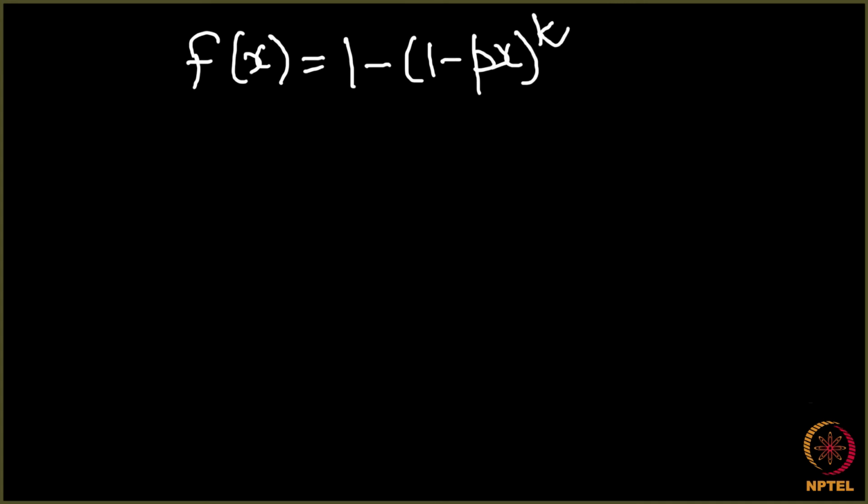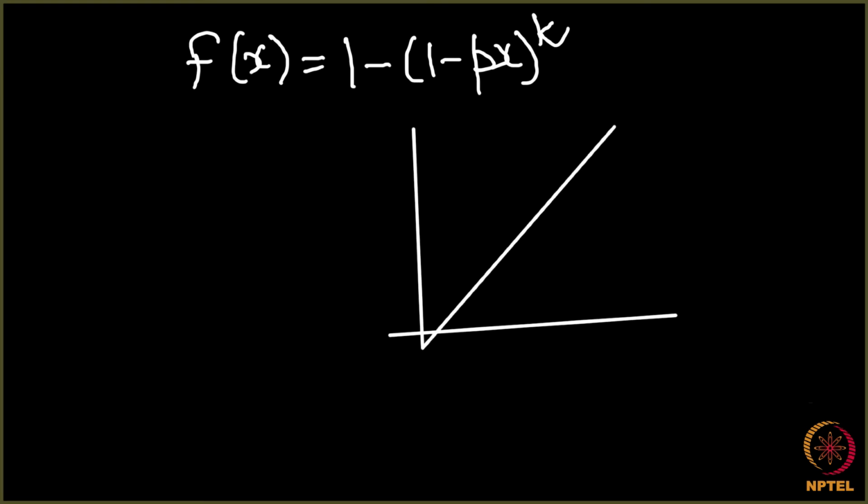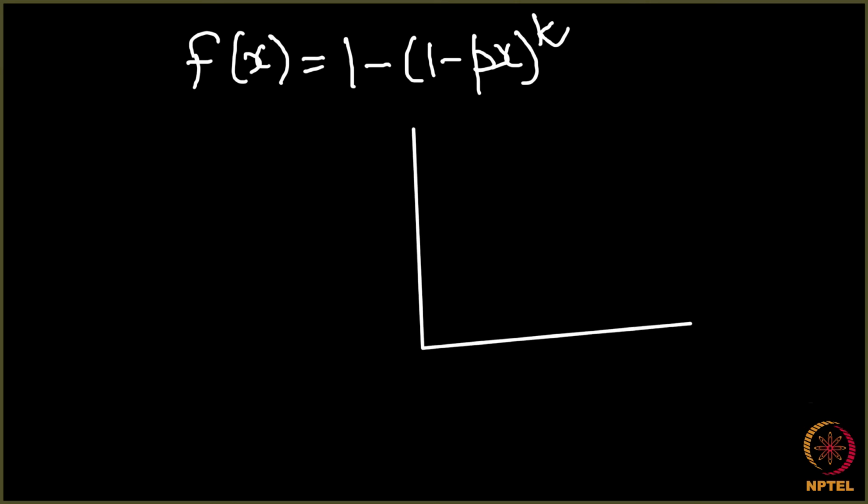So you see, we started off with this function f of x equals (1 minus px) raised to the power k, and then we tried to plot this function, and this is the line y equals x.